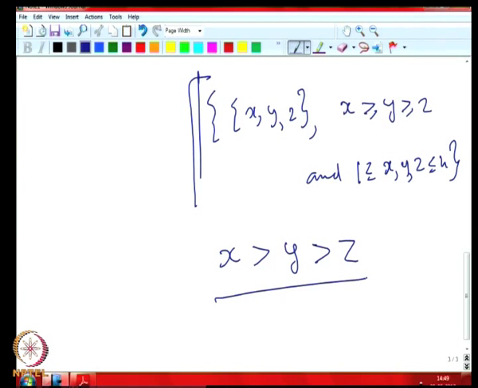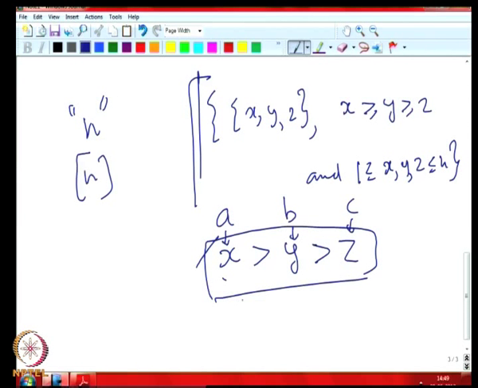You just take 3 numbers out of the n numbers, 1 to n. Once you take those numbers, we give the biggest number to x, the next biggest to y, and the smallest to z. For any selection of 3 elements from 1 to n, there is only one way of assigning those numbers to x, y and z, because x has to get the biggest, y the second biggest, and so on.